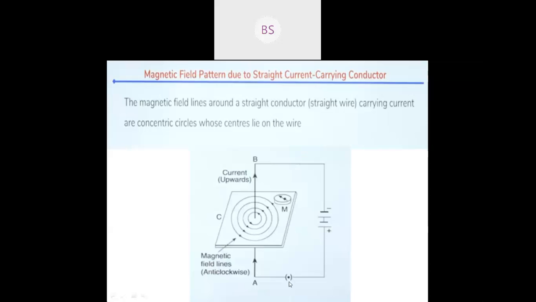When the key is closed, current starts flowing, and the sprinkled iron filings take a pattern. They automatically align themselves in a circular loop. You can observe here that a circular loop is there. So what happens?